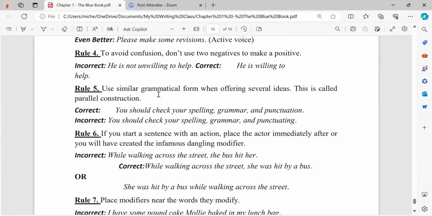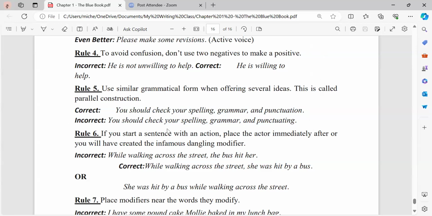This is a parallel sentence, meaning that the form needs to be equal for everything right here. So we have spelling, grammar, and punctuation. All of the three right here are parallel, meaning that they have similar grammatical form.